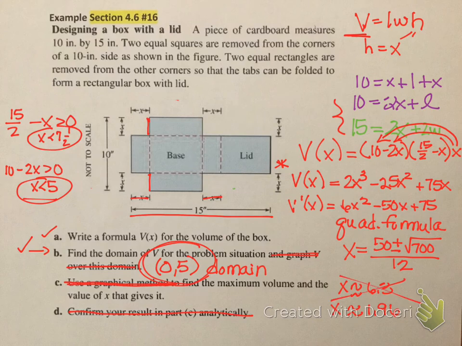So to maximize the volume, I need to use a length here that is 1.96 inches. And to figure out what that volume is, I need to plug that value into my simplified volume function, and I get out 66.02, and my units are cubic inches.